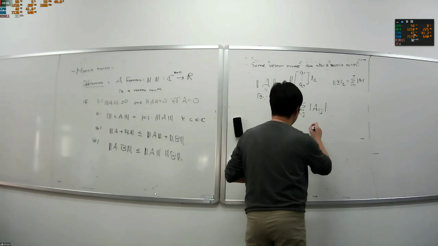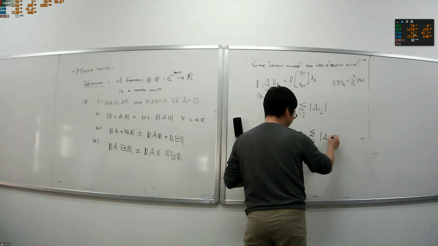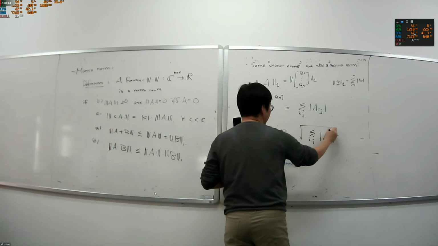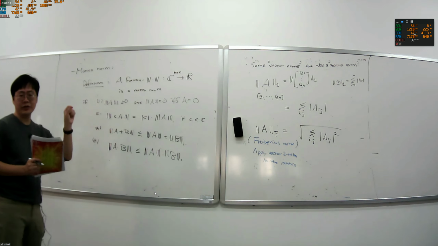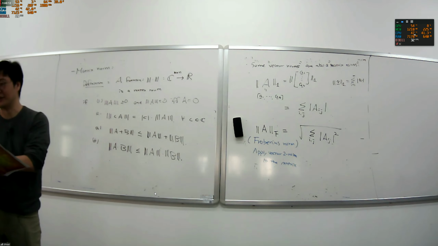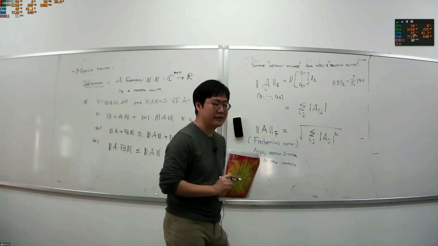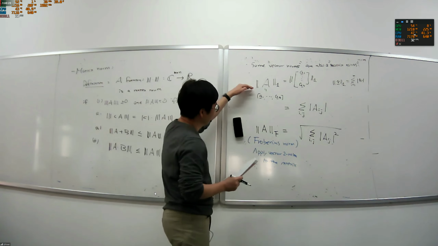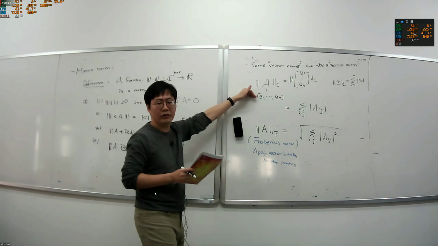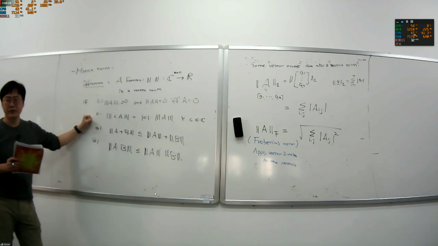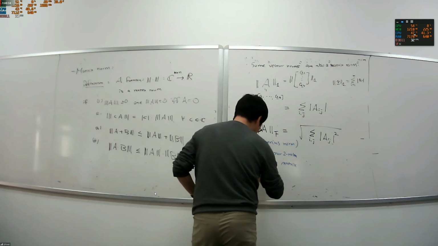Frobenius norm is used to have this notation. So what's the vector 2 norm? It is the summation of absolute values squared, taking a square root. So the Frobenius norm is the vector 2 norm applied to a matrix. You can prove by yourself that these are also matrix norms, satisfying these four properties.